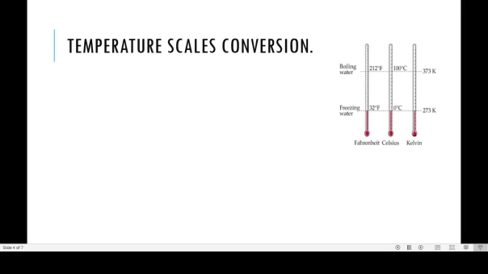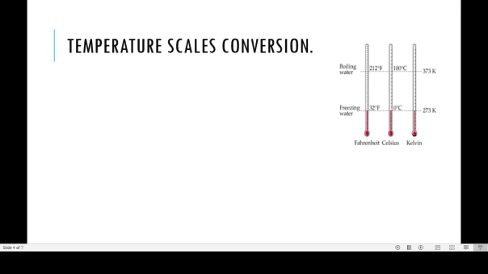And we can see on the scale the freezing point of water and the boiling point of water. You can see it varies from one scale to another. But what this simply means is that 32 degrees Fahrenheit on the Fahrenheit scale is equivalent to 0 degrees Celsius on the Celsius scale, and that is equivalent to 273 Kelvin on the Kelvin scale.